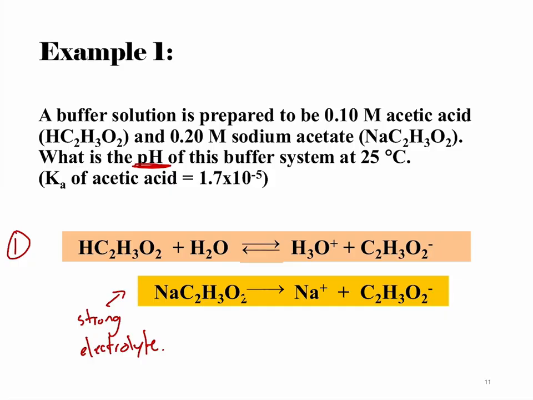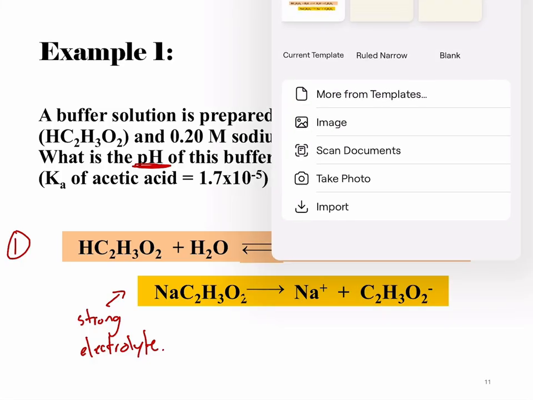Yeah, we need the H3O plus concentration to calculate the pH of this system. All right, the first step was writing the equilibrium reaction, which I'm going to write again on the next page.